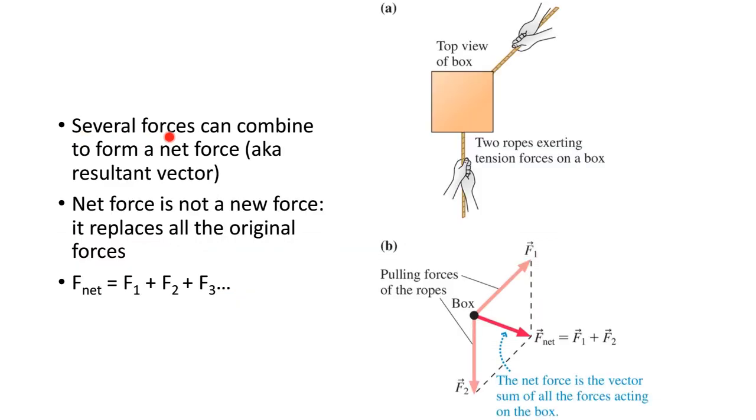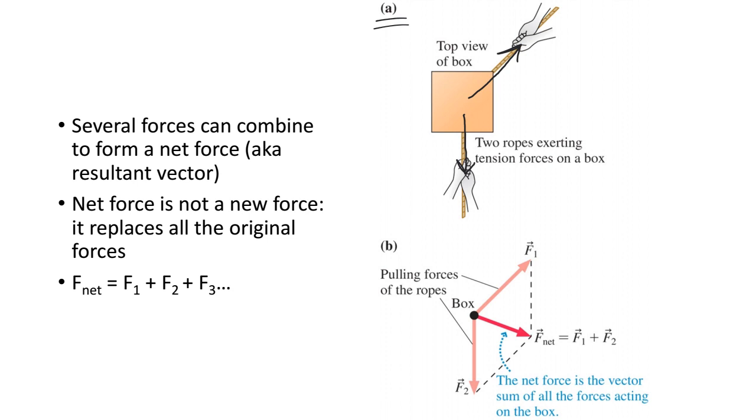You can combine several forces to make a net force, which is also called a resultant vector. This net force is not a new force. It's going to replace all of the original forces. What does that mean? Let's take a look over here at example A. You have a top view of a box and two ropes exerting tension forces on the box, one of which is pulling upwards like this, and one of which is pulling downwards like this.